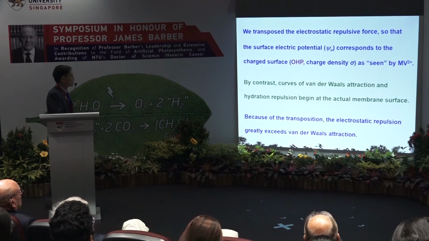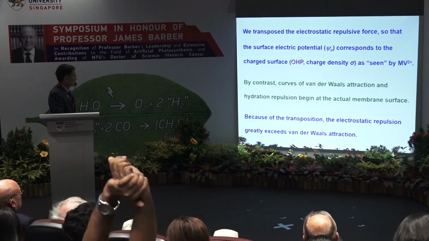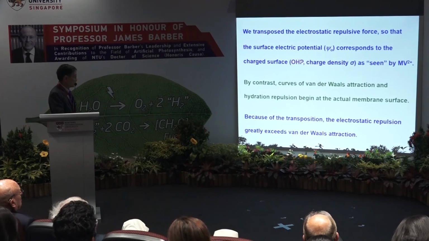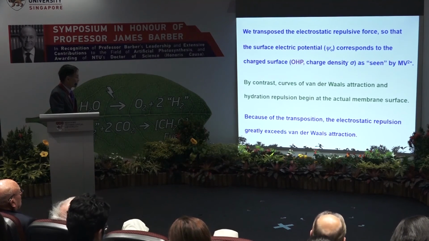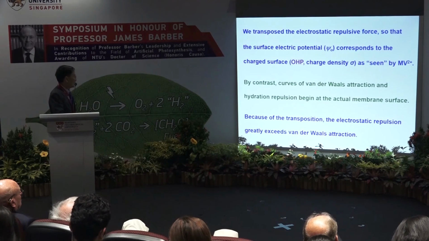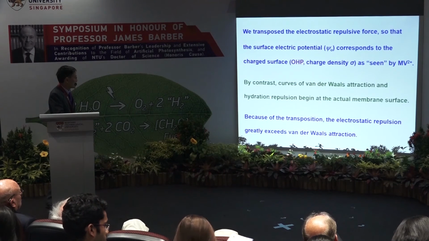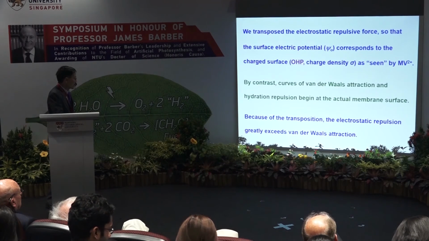So we transpose the repulsive force so that the surface potential corresponds to the charged surface, the outer Helmholtz plane, with the charge density sigma as seen by this divalent cation. By contrast, the curves of attraction and the hydration repulsion begin at the actual membrane surface. Because of the transposition, the electrostatic repulsion greatly exceeds the attractive force.